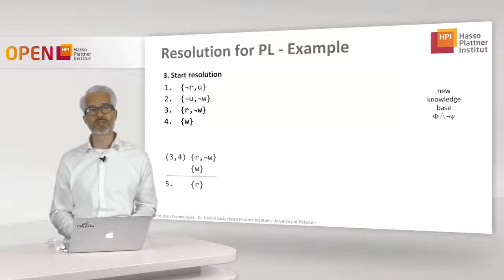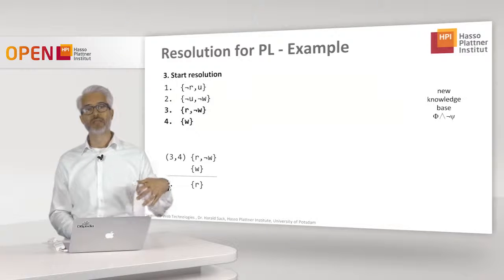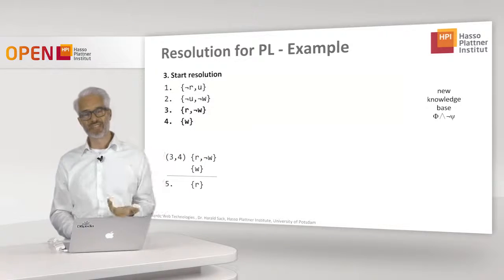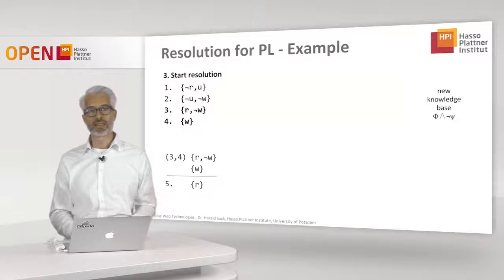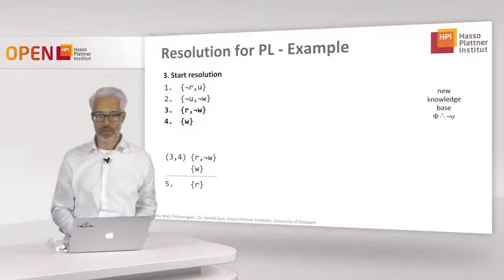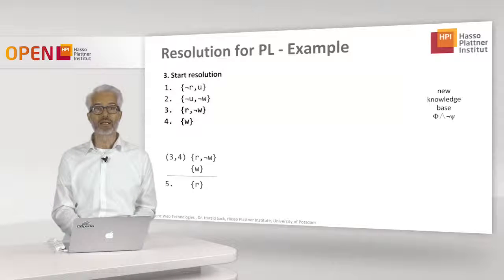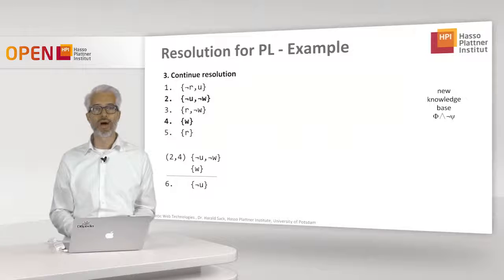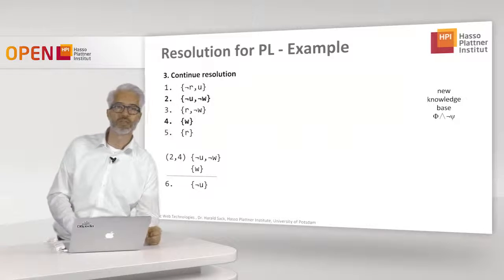We see, for example, W and not W, the literal and its negation, in clauses 3 and 4. Therefore, 3 and 4 can be resolved to R, because W and not W can be resolved. You remember that resolution algorithm. So we add R as a new clause to our knowledge base, and we continue.